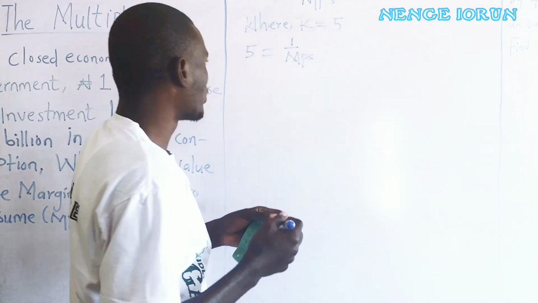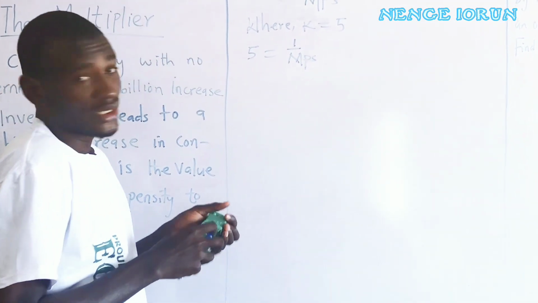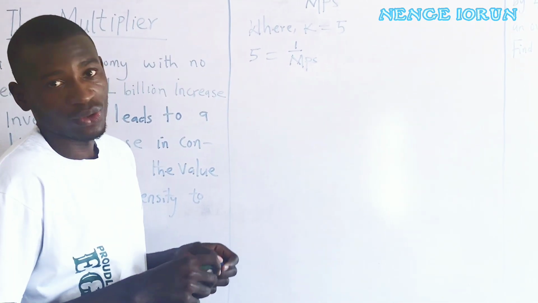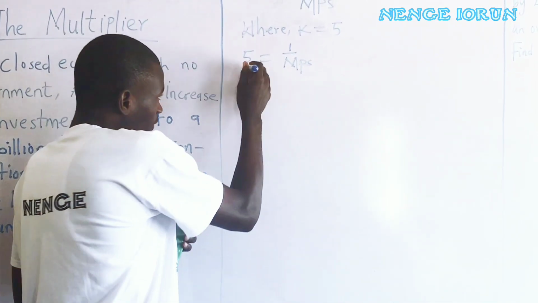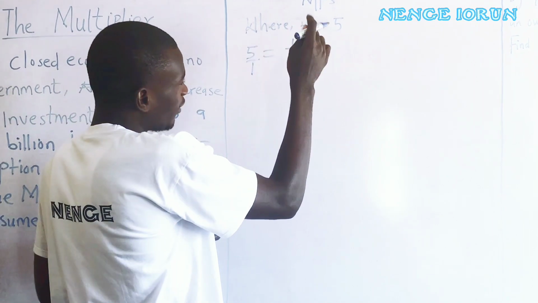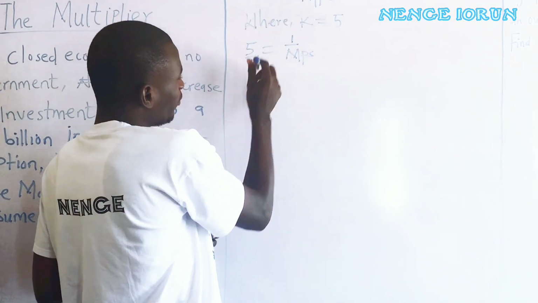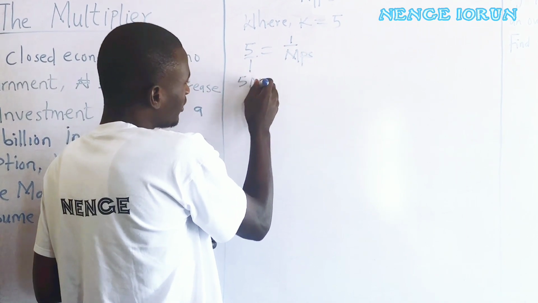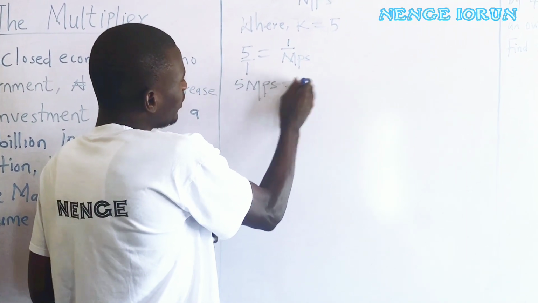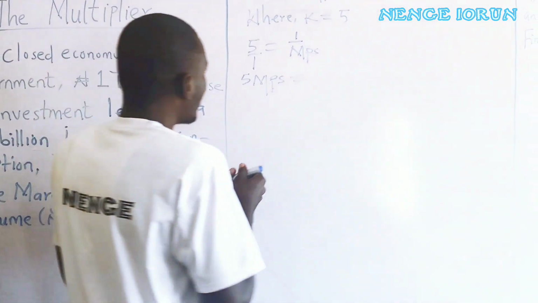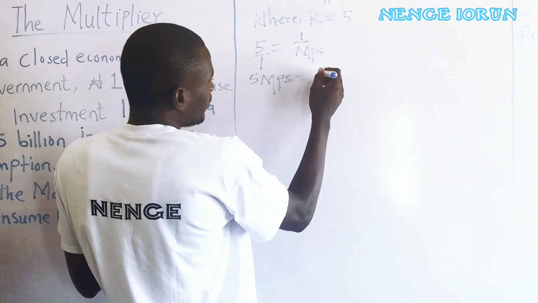So now you cross multiply to get the actual value for MPS. This one is over 1, so you will have MPS times 5, which is 5 MPS, is equal to 1 times 1, which is 1.